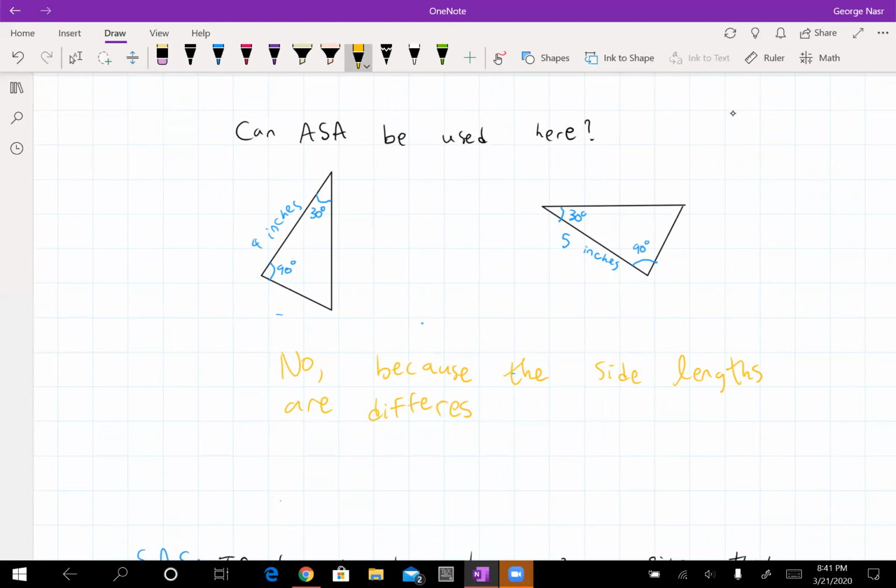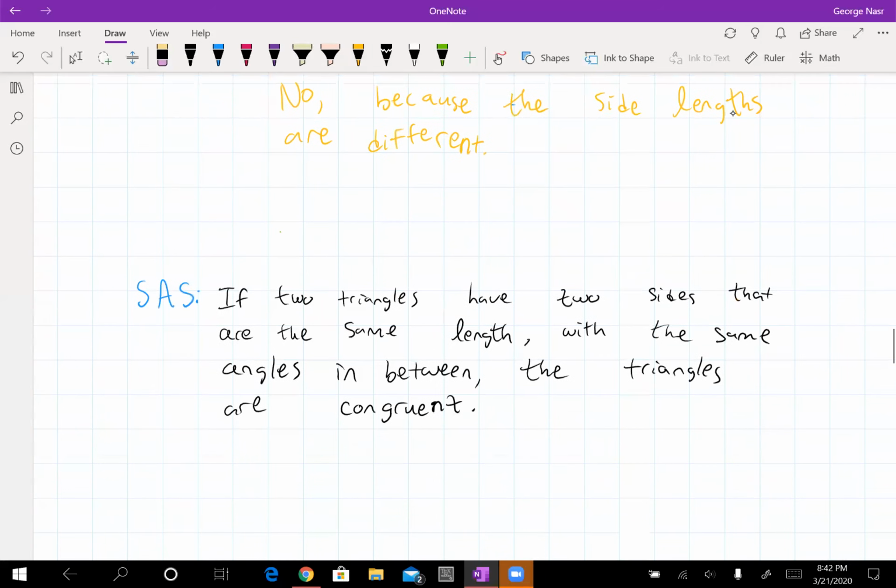So the point is, for ASA to work, you've got to have two angles on the outside of a side, and you also have to be able to have all those dimensions match up.